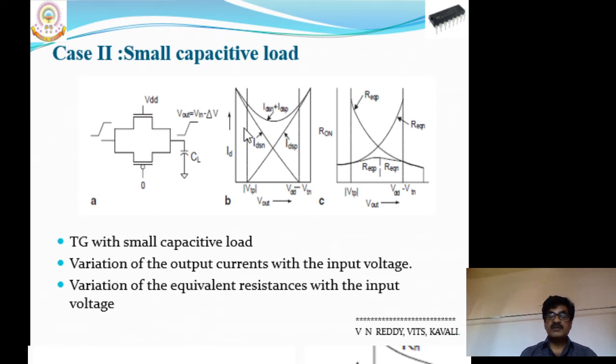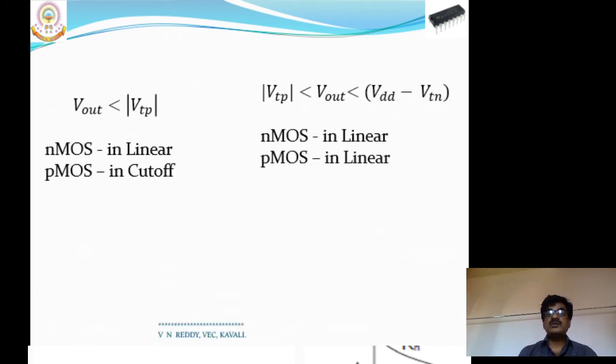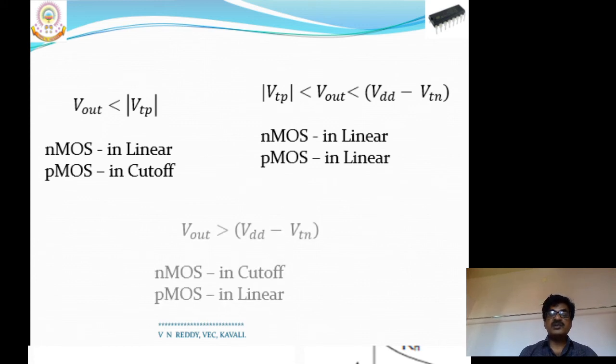After that, with the increase of output voltage, when the output voltage is greater than VTP but less than VDD minus VTN, both transistors are in the linear region. And suppose the output voltage is greater than VDD minus VTN, the NMOS transistor goes to cutoff, whereas the PMOS transistor is in the linear region.